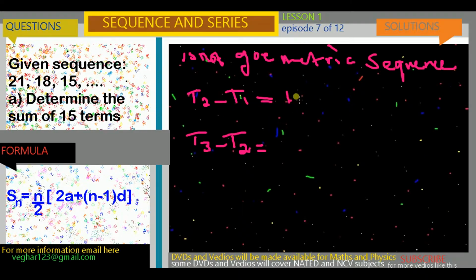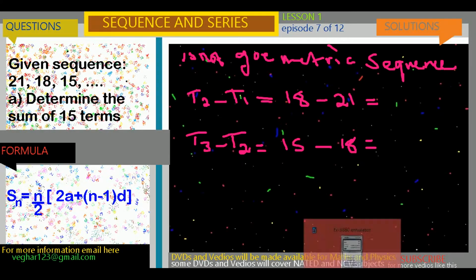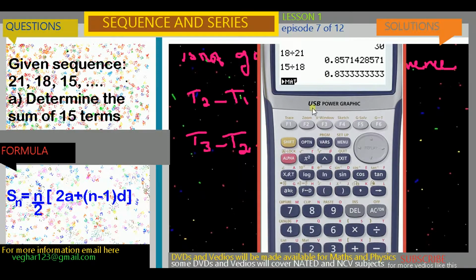So term number 2 minus term number 1 is 18 minus 21, the answer is negative 3.